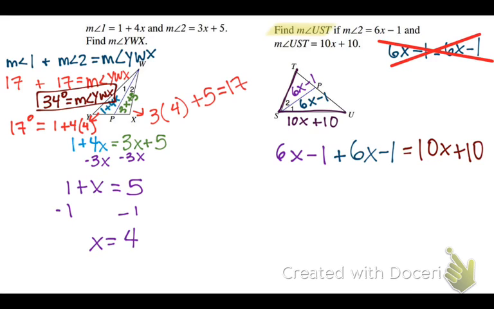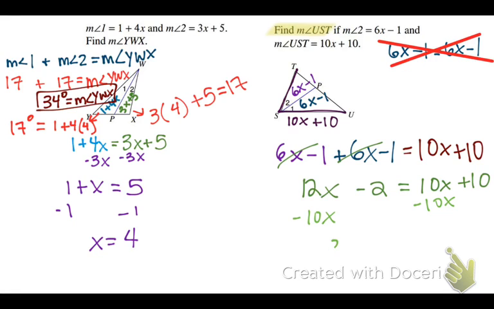Then we simplify. What's 6x and 6x make? 12x. Minus 1 minus 1, minus 2 equals 10x plus 10. What's my smaller x? 10. So I'll have 2x minus 2 equals 10.